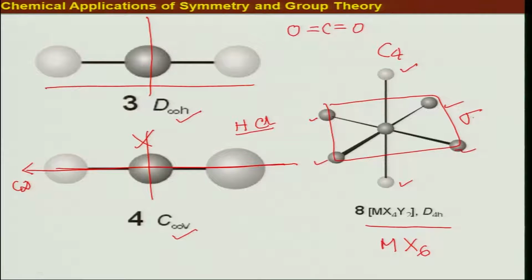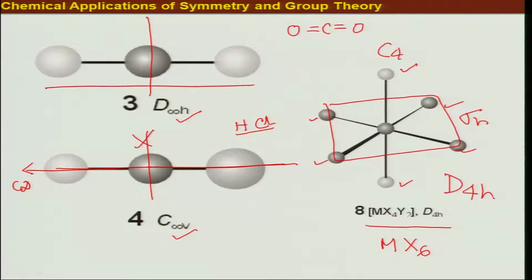So this is my sigma h. Okay, so that's all I want. I have got my point group. You have a principal axis of symmetry C4, and then a plane perpendicular to it, which is sigma h. So very easily I can tell the molecular point group is D4h. See how easy it is. You don't have to go through all those things, but you should keep that in mind. Then only you can do it rather faster.